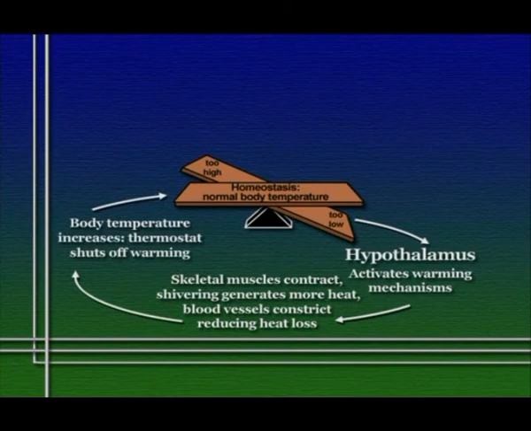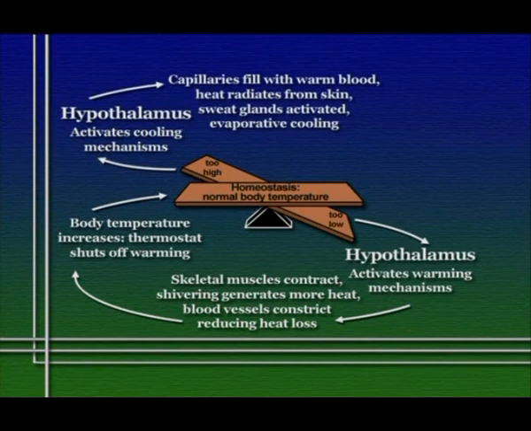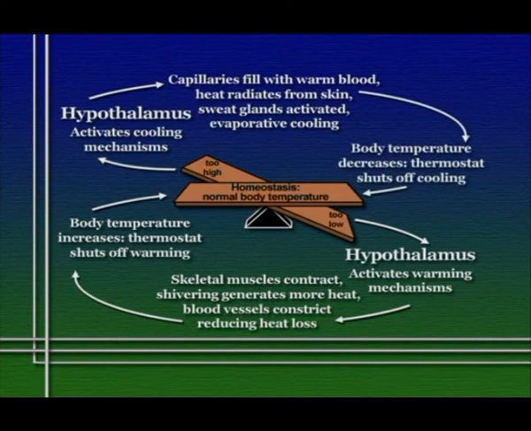If, on the other hand, the temperature rises above this set point, then the hypothalamus will signal to other effectors that will decrease body temperature. In this way, homeostatic regulation of body temperature in animals is really pretty much the same as what we saw for homeostatic regulation of room temperature. It involves negative feedback, which counteracts fluctuation in temperature by controlling effectors that move the temperature closer to the set point.